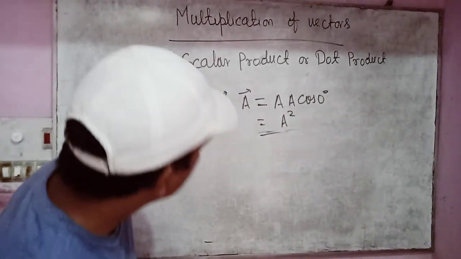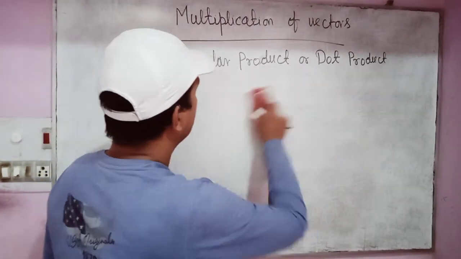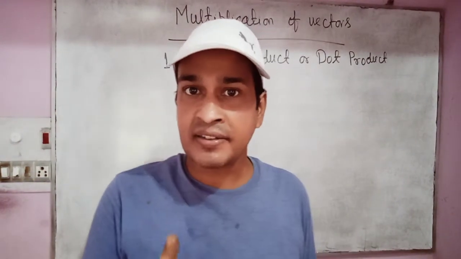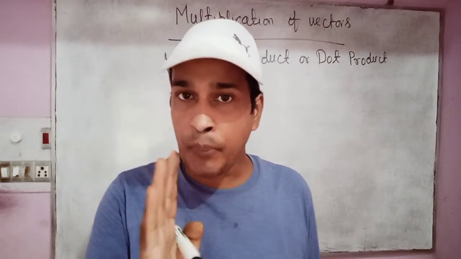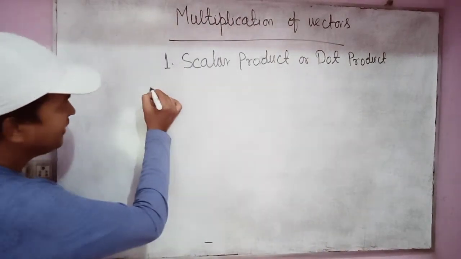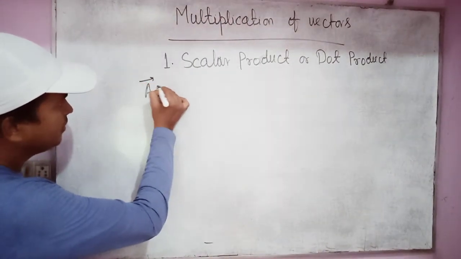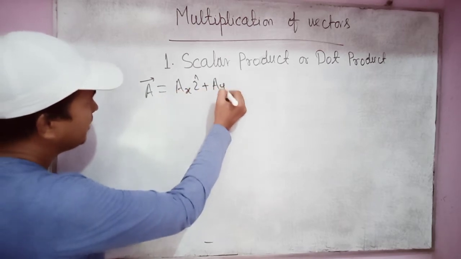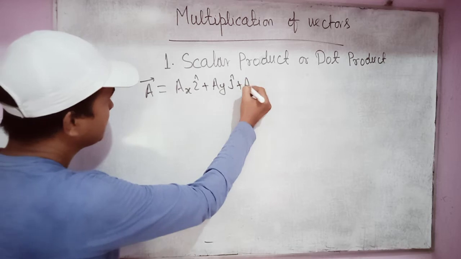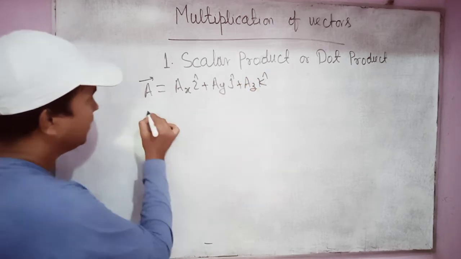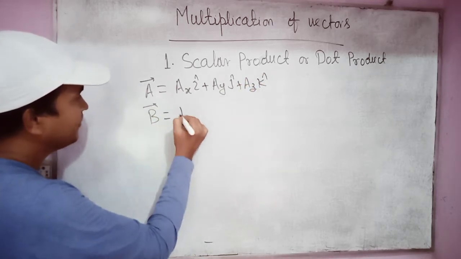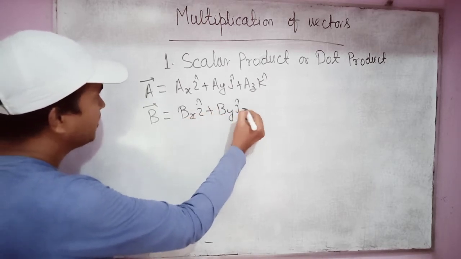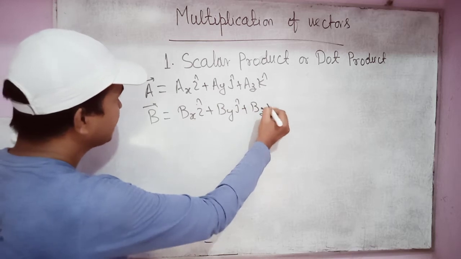Now we will learn how we can find the dot product of two vectors when they are written in component form. For example, let A be a vector given as ax i cap plus ay j cap plus az k cap, and B is a vector given as bx i cap plus by j cap plus bz k cap.